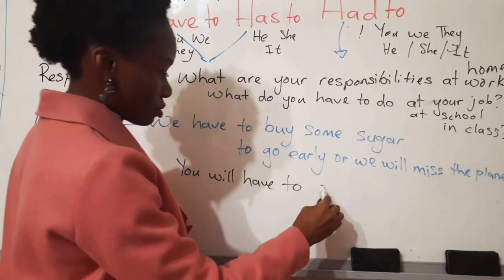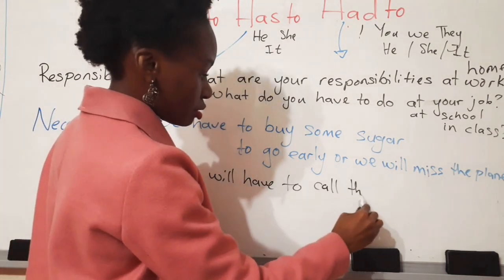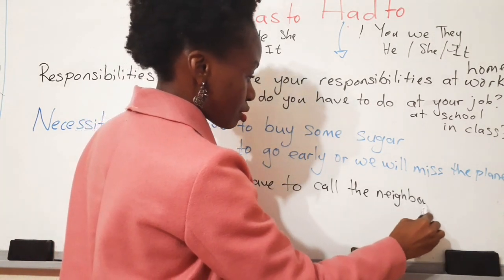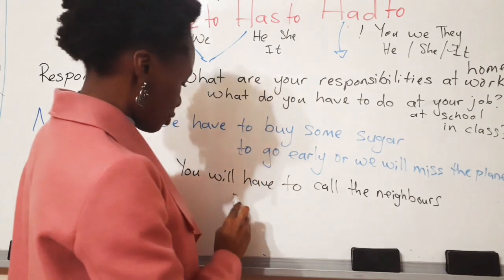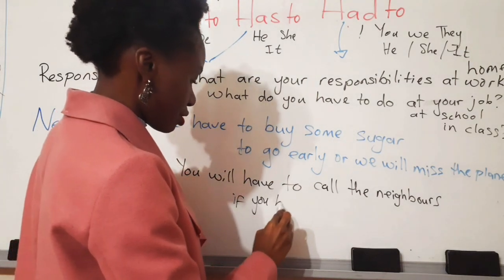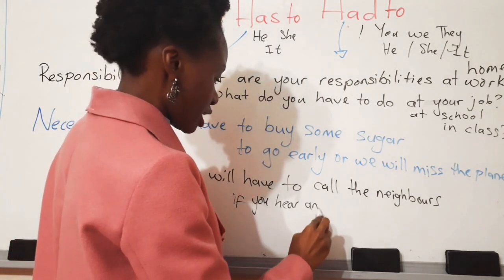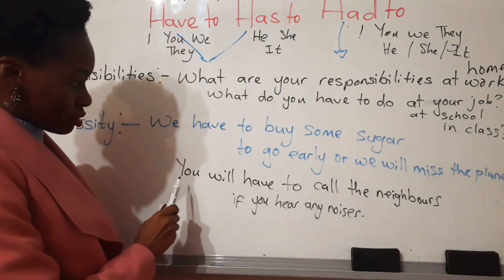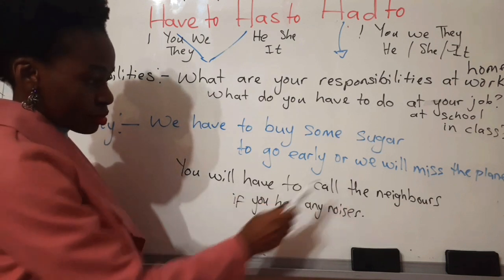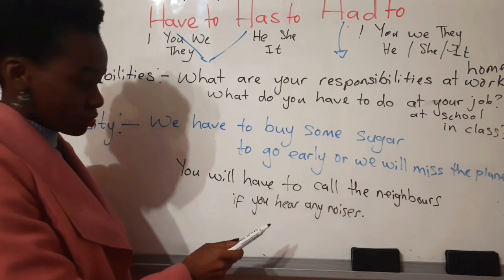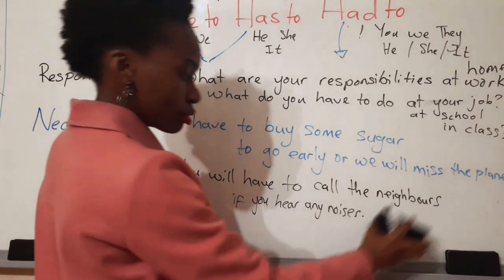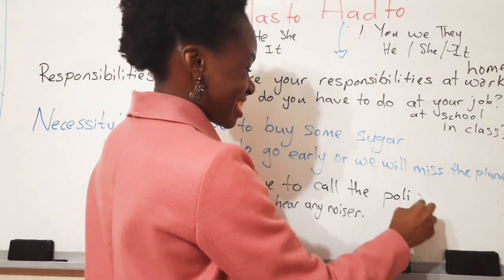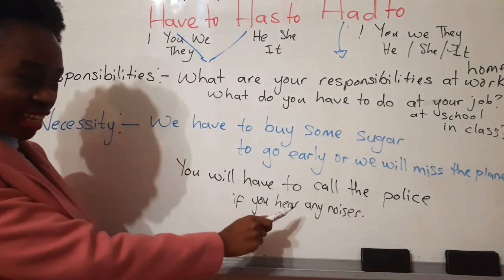You will have to call the neighbors if you hear any noises. So you can either say you have to call the neighbors if you hear any noises, or you have to call the police. Let's say police. Police can do a lot of things. You have to call the police if you hear any noises.